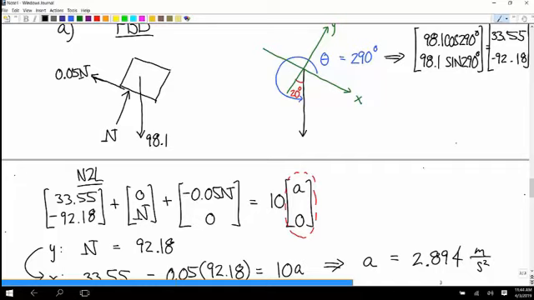And so in part A, when it's sliding down the ramp, you have the friction force fighting against the weight force. The friction force is acting this way, the weight force is acting this way. Because of that fighting against each other, you get a smaller value for the winning acceleration.